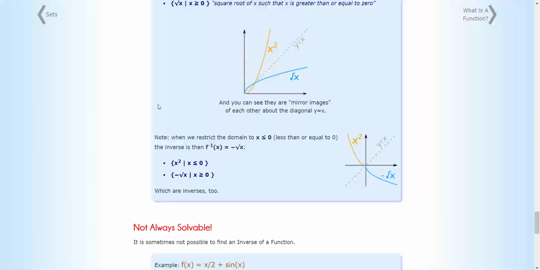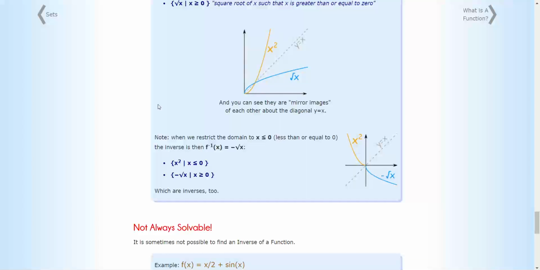Now keep in mind that this is for positive numbers. For negative numbers, the input would change, so the x-axis would actually change. The perception would change, so it's very important to limit the domain.